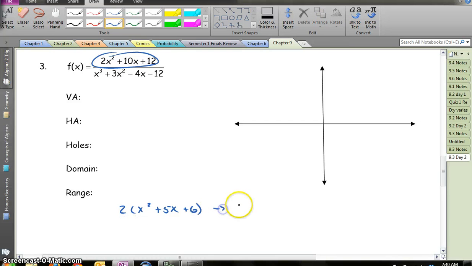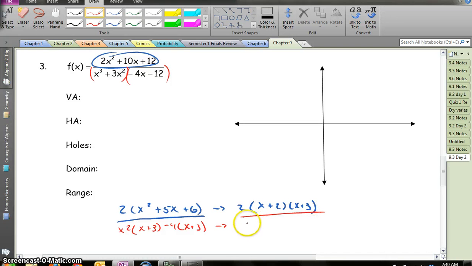And factoring that, I have the two numbers that multiply to 6 and add to 5, x plus 2, x plus 3. In the denominator, that's a grouping problem. So I have x squared times x plus 3 minus 4 times x plus 3.